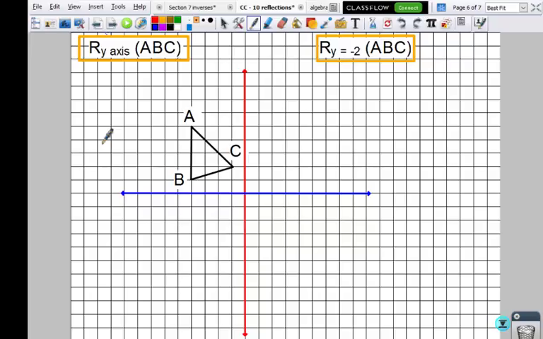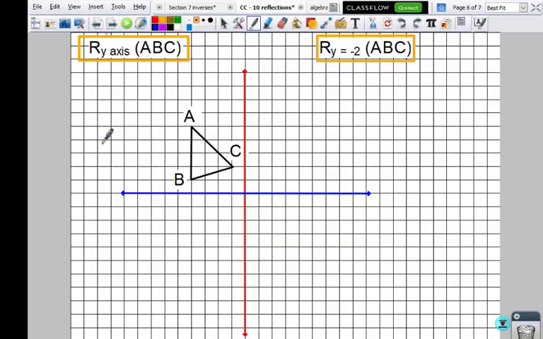X-axis instead. Yeah. You do it already, Ryan? Mm-hmm. Where'd you do the second one? Scribbled out because he said on the top.